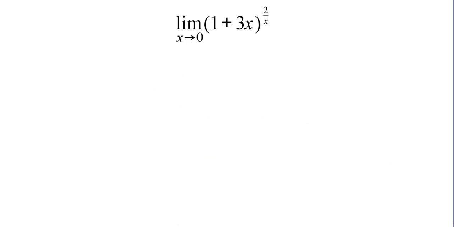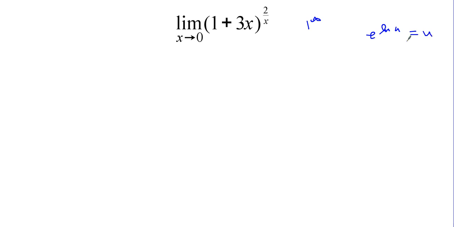Our next indeterminate form is 1 to the infinity. So if we plug in 0 here, the base of our exponent becomes 1, and our exponent is 2 over 0, which is infinity. So for a form that is 1 to the infinity, instead of evaluating this limit, we need to look at the limit of the natural log of this function, because we know that e to the natural log of u is just equal to u.